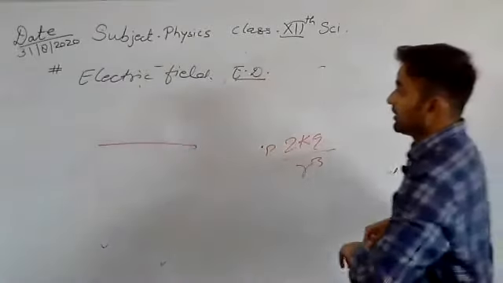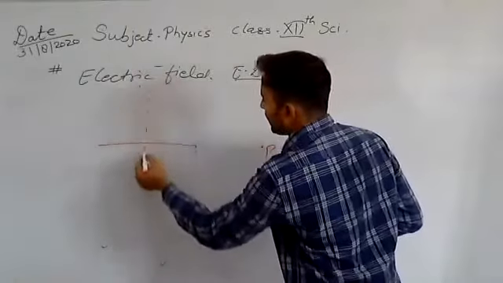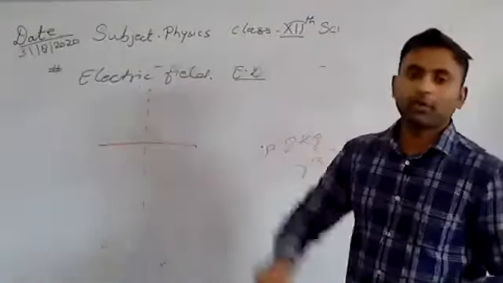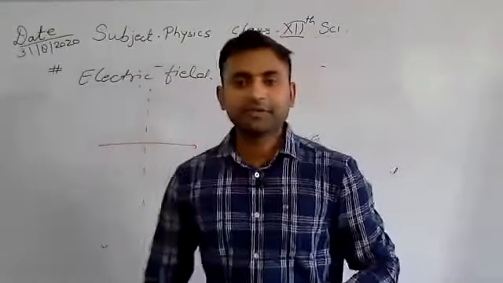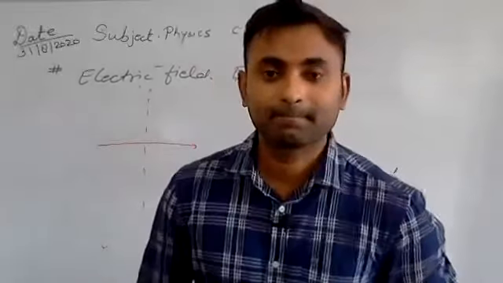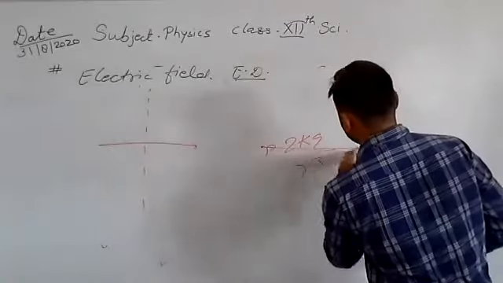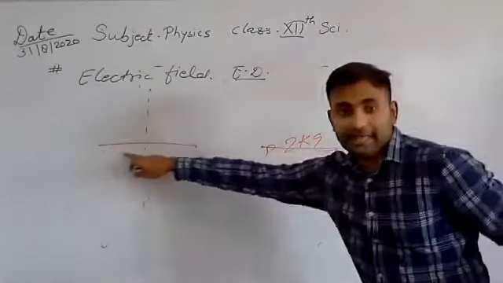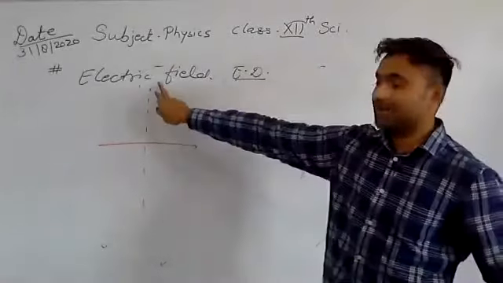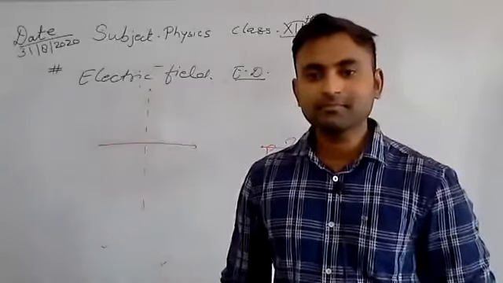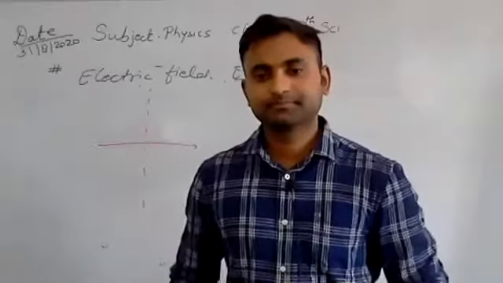Let's say if I have a point here, at the equatorial point, what will be the electric field intensity? Its direction will be in the direction of the electric dipole. But what can you say about this equatorial point?